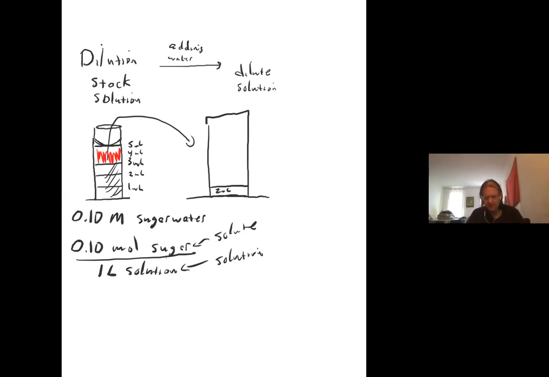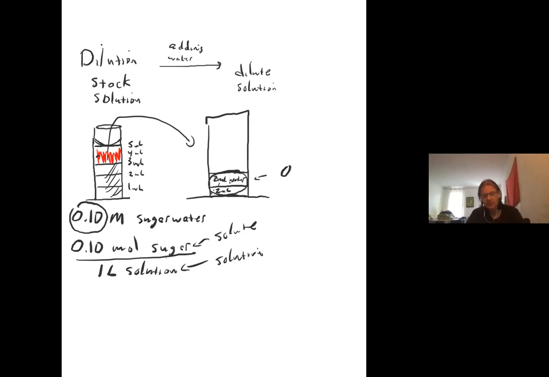And then suppose what I did was I added another 2 milliliters of water. Right? What would happen to the concentration of the sugar in this mixture now? It would change, right? Because it had a concentration here of 0.10, but now I've doubled the amount of water. So this is what happens. When you double the amount of water, the concentration goes down by a factor of 2.